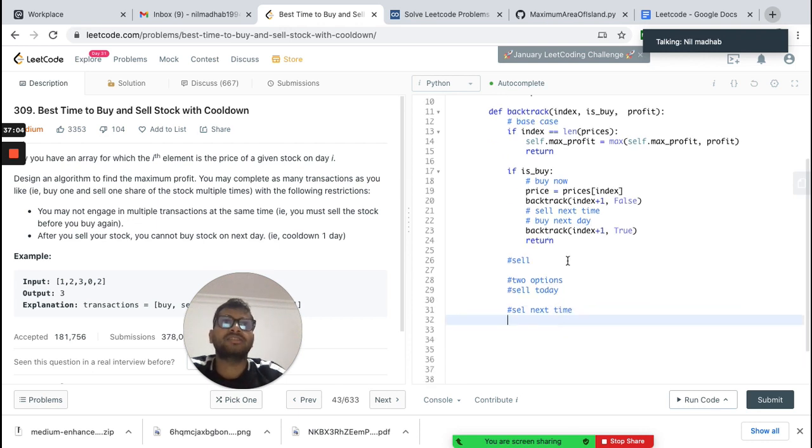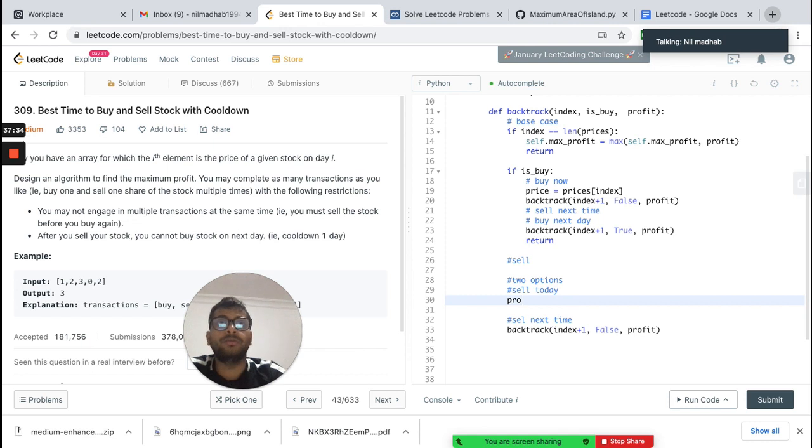So for sell next time, it's like backtracking index plus 1 and isBuy false, and profit is not changing, so I'll just pass profit everywhere. Profit and profit.